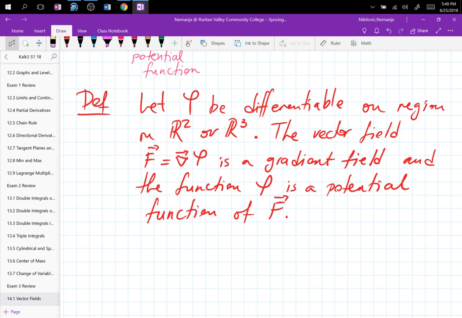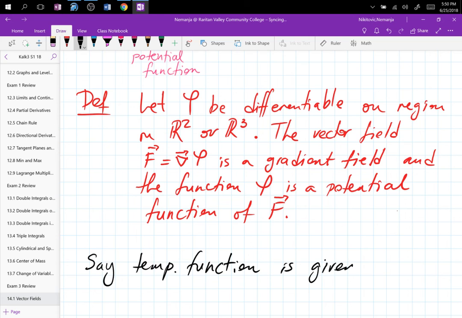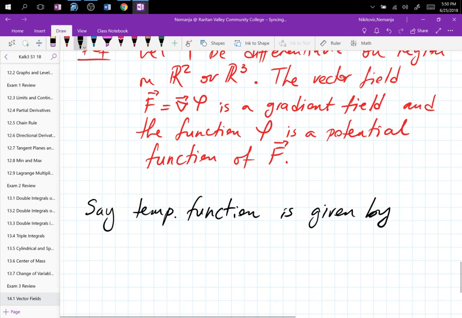So, say the temperature function is given by T of xy is equal to 36 minus x squared minus y squared.